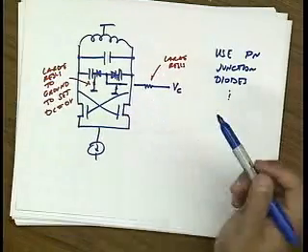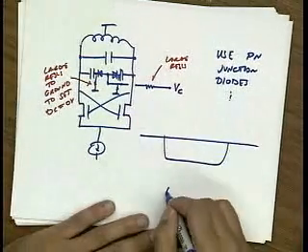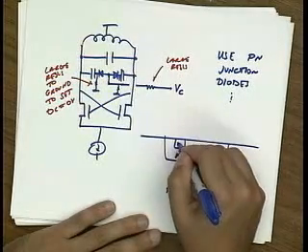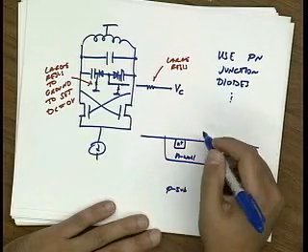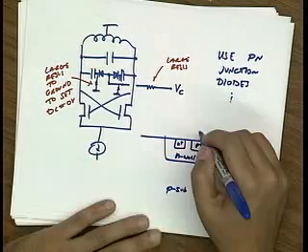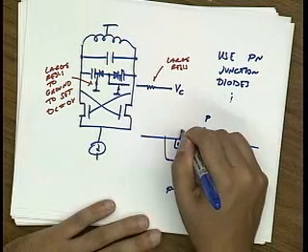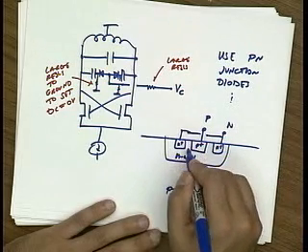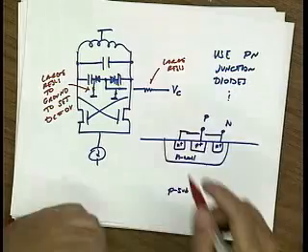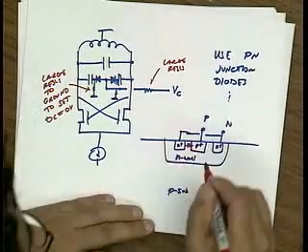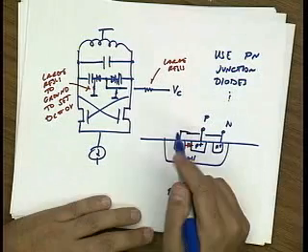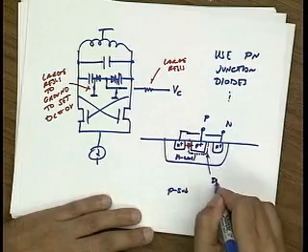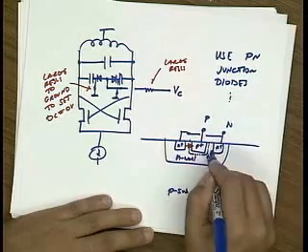So if I draw, in a P substrate, an N well and an N plus contact and a P plus contact. This is my P junction, this is my N. The actual diode is very tiny. It's between here and here. The actual diode has a depletion region around here, and then there's some resistance.